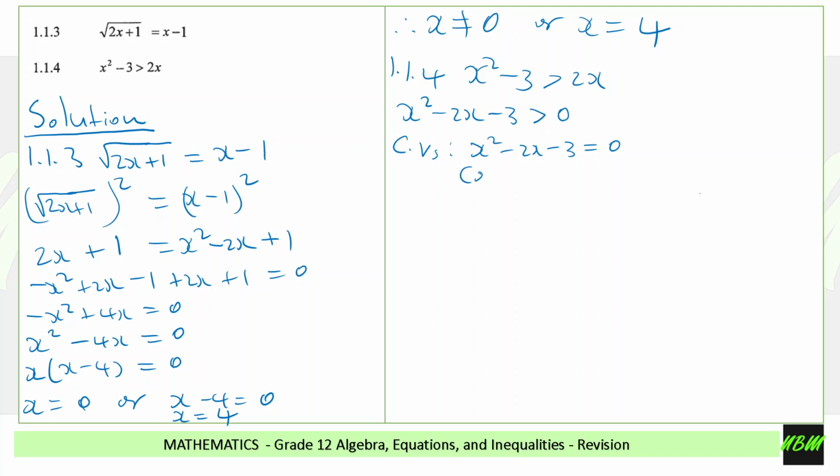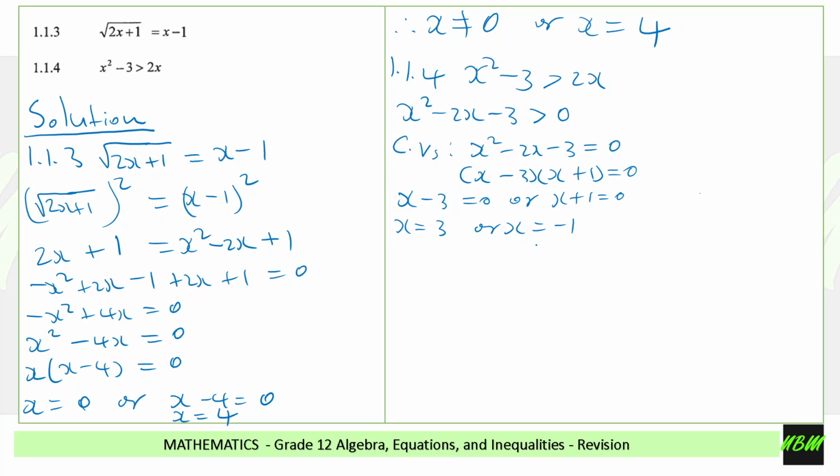Then we have x minus 3 multiplied by x plus 1 equals 0. Then x minus 3 equals 0, or x plus 1 equals 0, so x is equals to 3, or x is equals to -1.